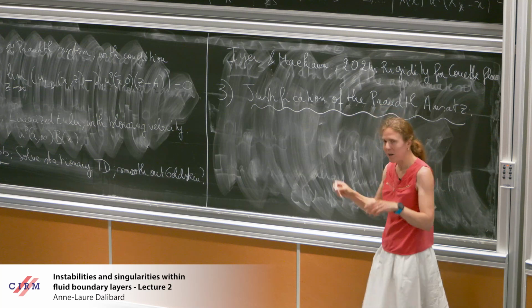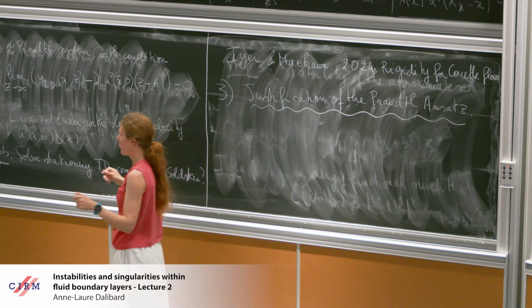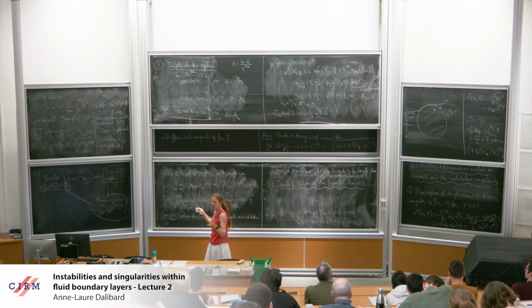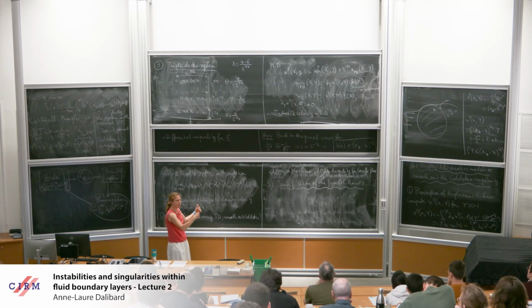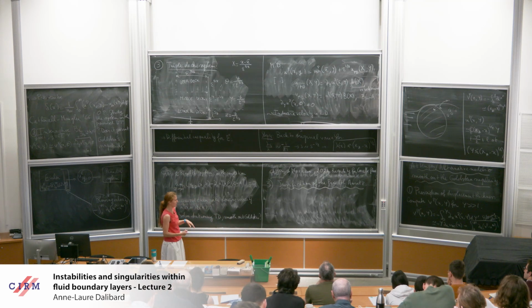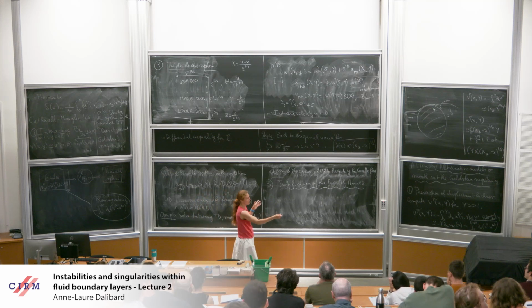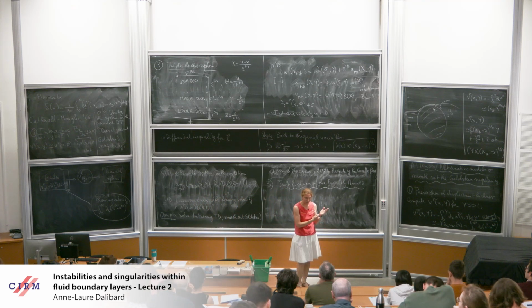So you remember in the decision tree that I wrote yesterday, the first step is to look at whether or not the system is well posed. If it is, then you try to build an approximate solution. If you can build an approximate solution, then you try to justify the ansatz. So now that we know that at least until separation the system is well posed, the next step is to try and justify the ansatz, okay?